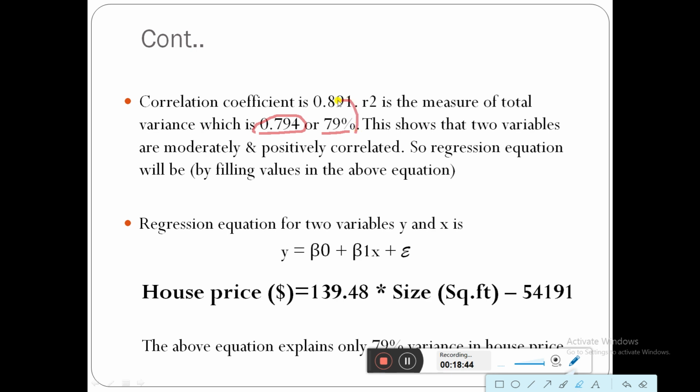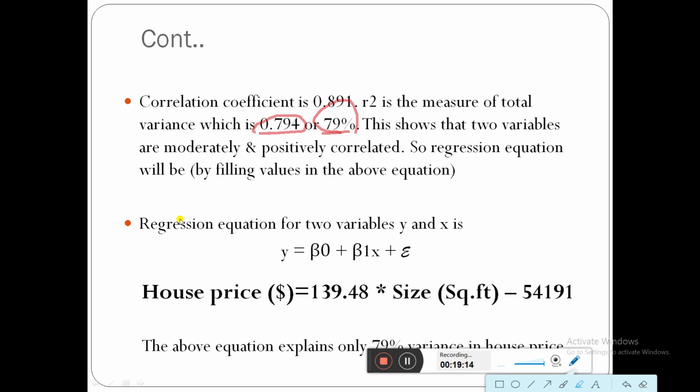This 79% shows that the two variables are moderately and positively correlated with each other, so both variables are dependent on each other. There is a 79% relationship between the house price and the size. So we can establish the relationship for these two variables using the regression model.